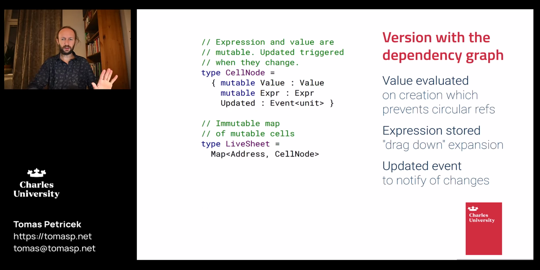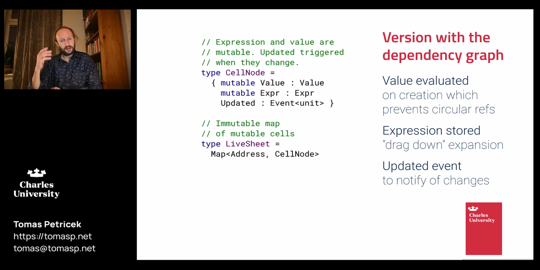So that will be our first version, and then we will want to create a version with this data propagation using a dependency graph. So then we will replace the expressions in this map with a value of this record that I call cell node, and this represents a node in the dependency graph.